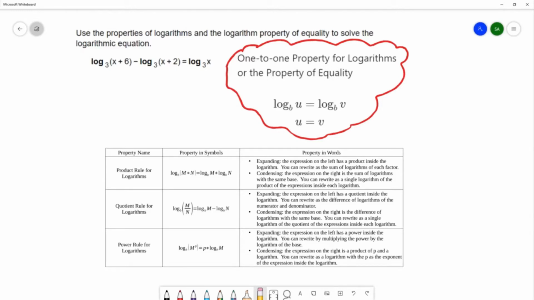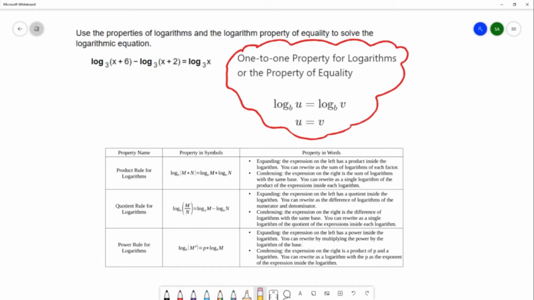What this property says is that if you have log base b on one side of the equation and log base b on the other side, the same log and same base on both sides, then what's inside the log on the left has to equal what's inside the log on the right. So it allows us to remove the logs from the equation, creating a much simpler equation to solve.